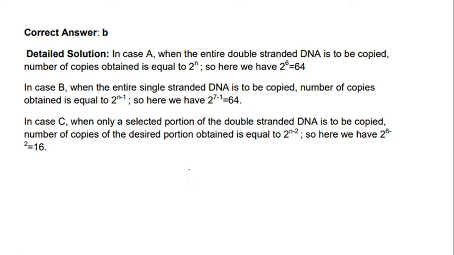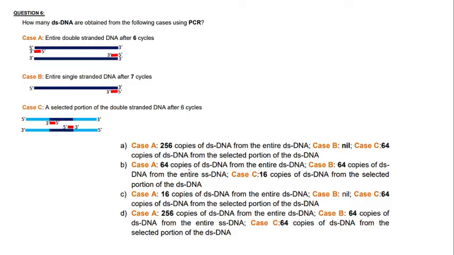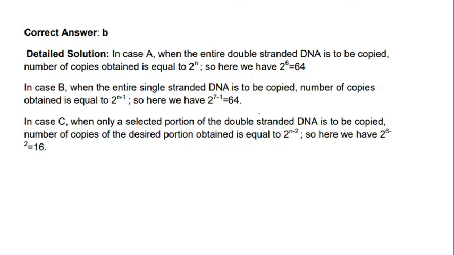That equal to 64. In case C, when only a selected portion of double stranded DNA is to be copied. Here it is asking a selected portion of double stranded DNA after 6 cycles. Then the number of copies obtained will be 2 to the power n minus 2.